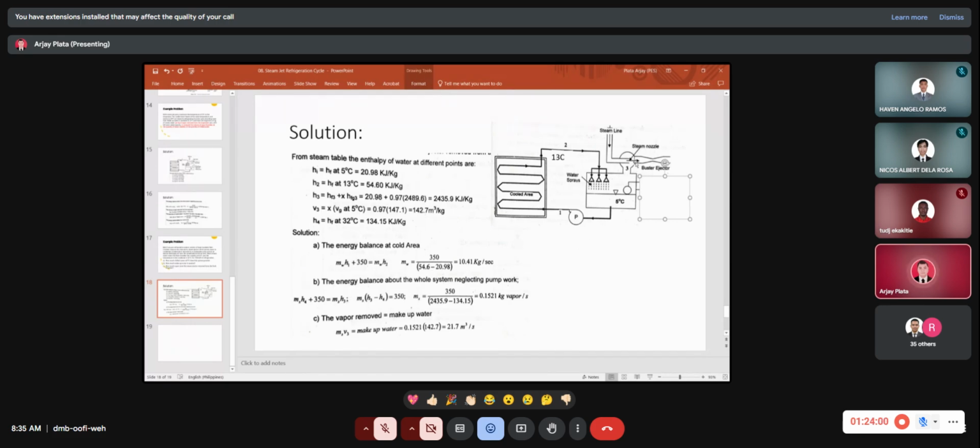So this is the H3 is at steam ejector, a diffuser, sorry. And then 350 over H3 minus H4 is 0.1521 kilogram of vapor per second.